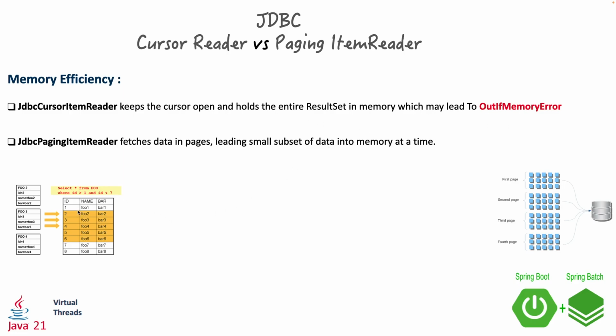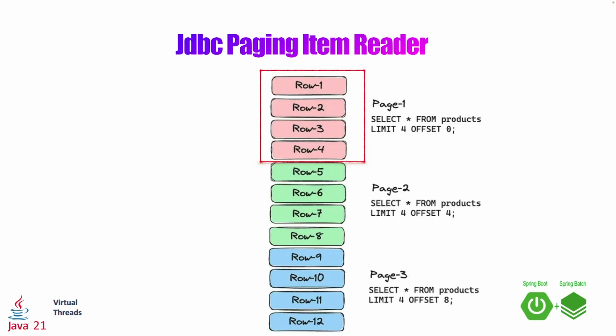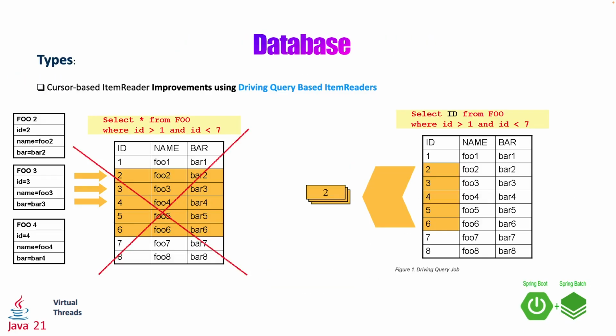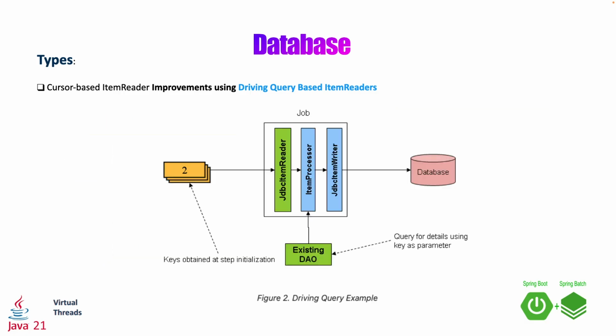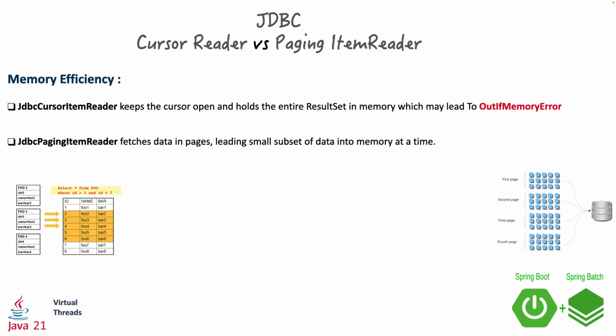So instead of using this one, you can use this one in terms of memory. But remember, we also talked about this approach while using the cursor based item reader, which is the driving query based approach, just selecting the ID instead of selecting the entire object in the result set.